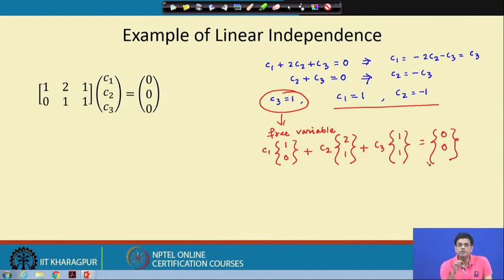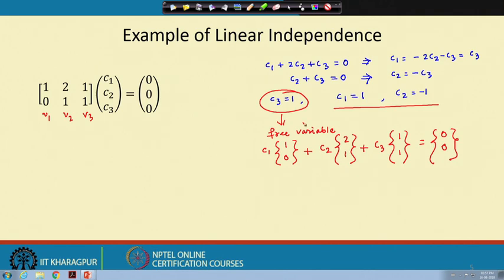So as per our definition, I can now say these vectors V1, V2 and V3 are linearly dependent vectors. We also learn from this that the dependency is essentially due to the free variable C3, where the solutions C2 and C1 depend on C3.